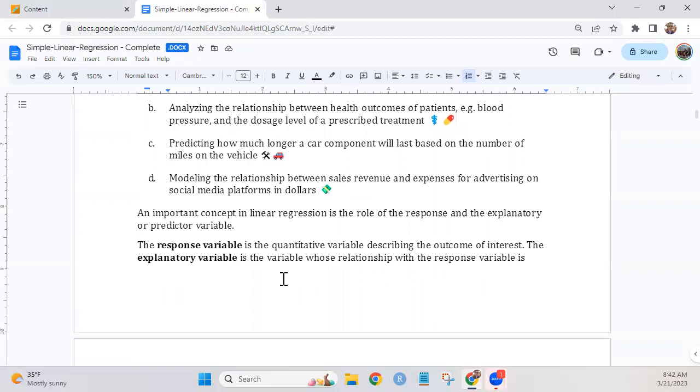Right, how long a car component will last based on the number of miles on the vehicle. Okay. So if anyone's had a vehicle, you're aware that the longer you've had your car, the more miles you put on it, the more likely it is something's going to break, right? So when engineers are designing these cars, they likely have some type of predictive model in which they estimate how long the car part will last until it breaks.